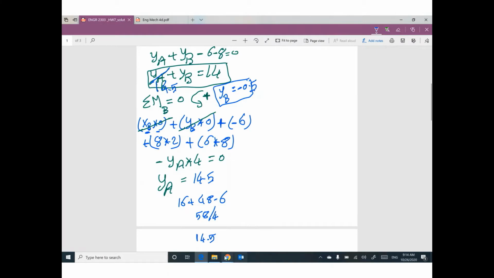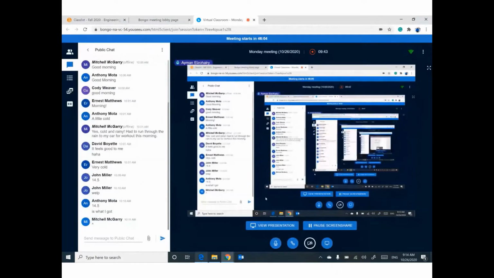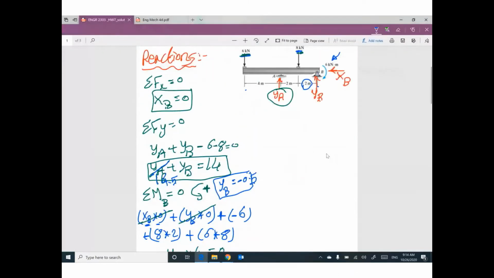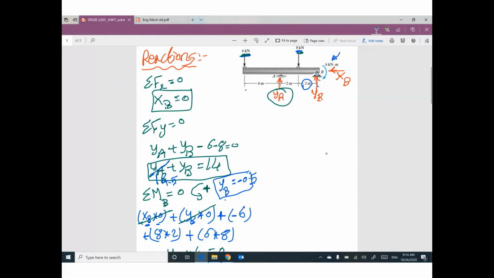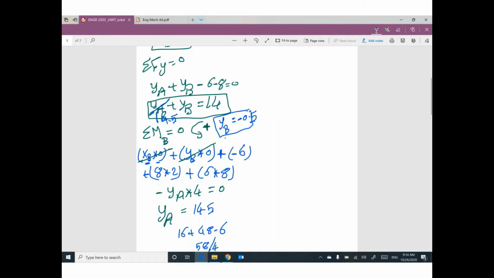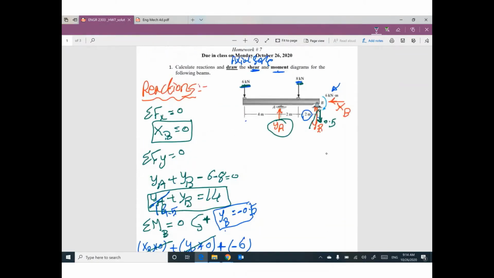YB is negative. What does it mean? Please put the right direction before starting to draw anything. YB is negative means the direction is down, 0.5. YA is positive 14.5, so the same direction equals 14.5.